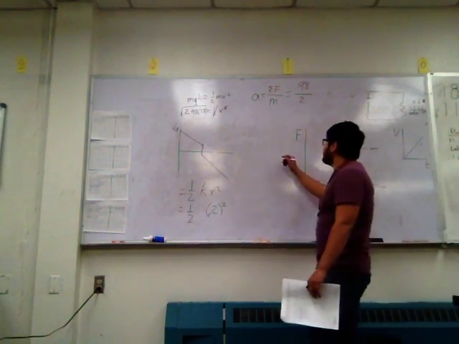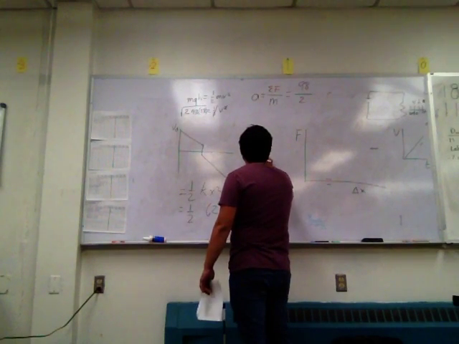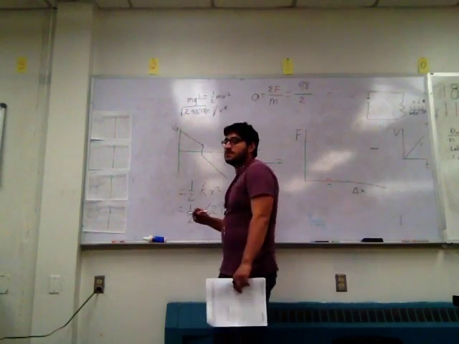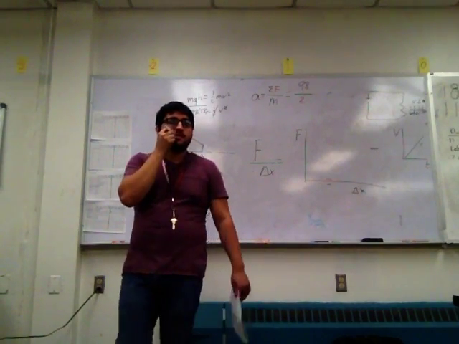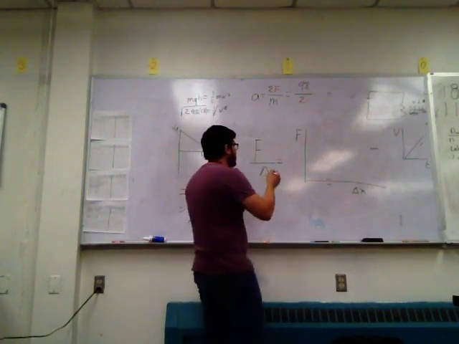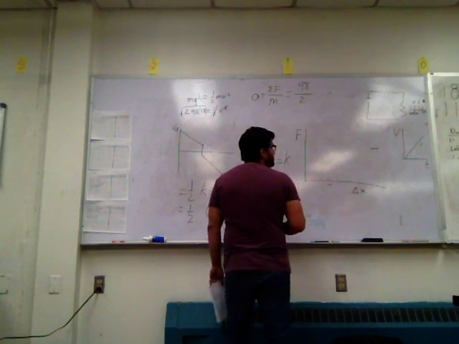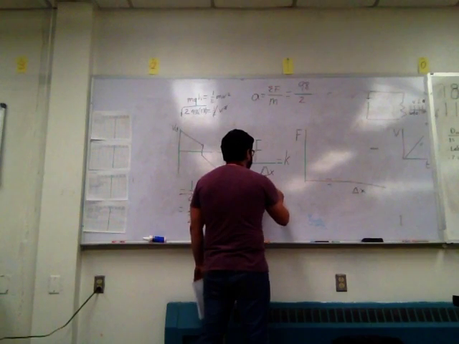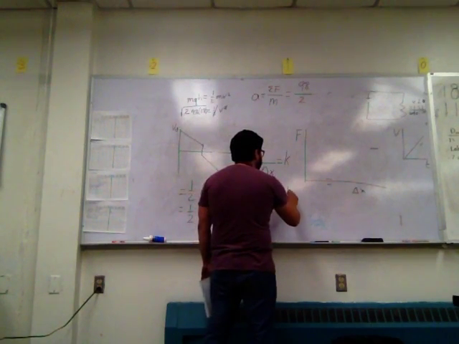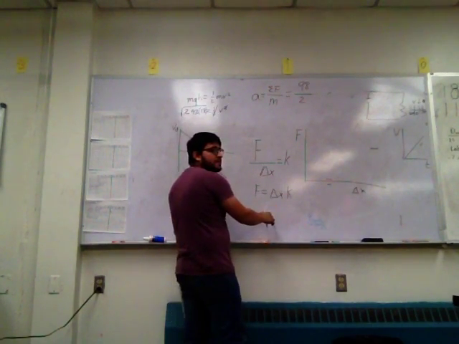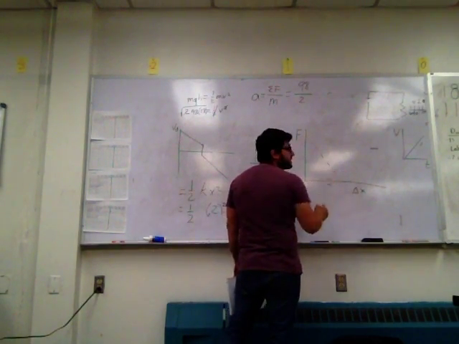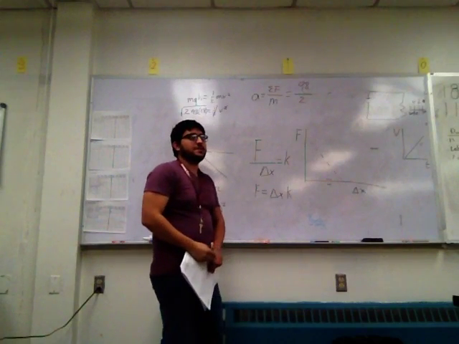So what is F divided by change of x? It's Hooke's law right here, the spring constant. So F equals change of x times k. So the slope right here is the spring constant.